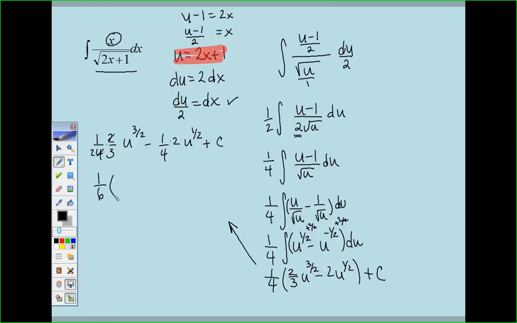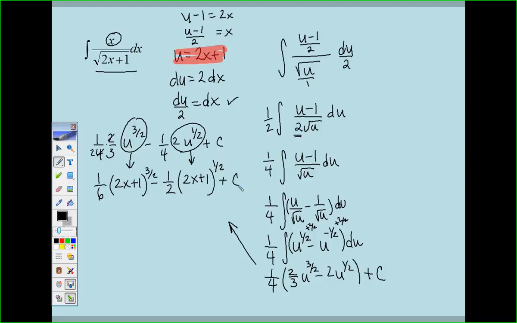Now u we know is 2x plus 1. So let's make that replacement. To the 3/2 power, that's replacing this, minus, now let's simplify 1/4 times 2. So we would have 1/2, and then again we're going to make the replacement for u is 2x plus 1 to the 1/2. So that's this piece here plus our c.